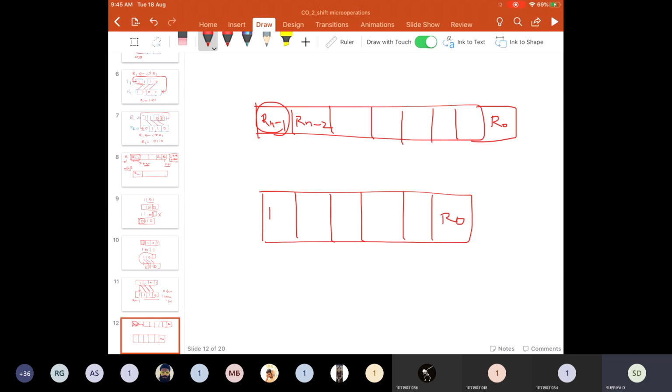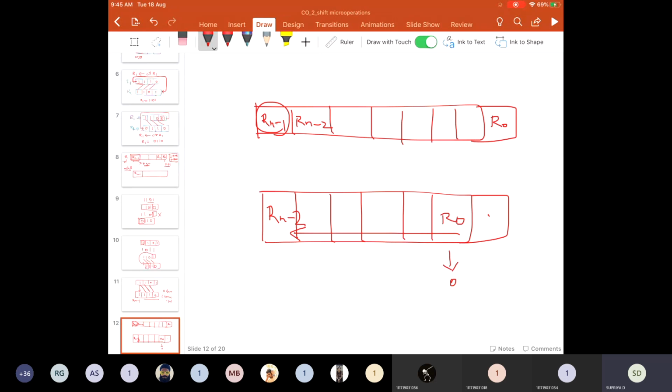R0 to R minus 2 will be the result number for arithmetic shift left also. Whatever we have done in arithmetic shift right, the same thing we are going to do in arithmetic shift left also. It inserts a 0 in the R0 position, and it will shift left 1 position to perform the arithmetic shift left operation.